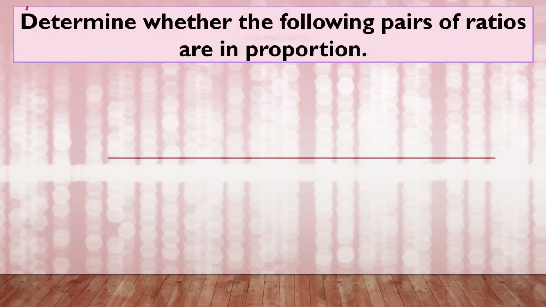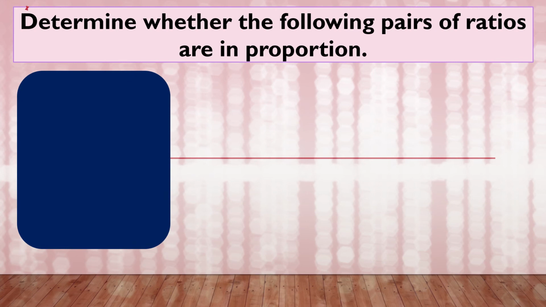This time, let's try to solve problems about proportion. Direction: Determine whether the following pairs of ratios are in proportion. Number 1. 7 over 9 and 28 over 36. So, para malaman natin na sila ay proportion or hindi, we just simply get their cross products.